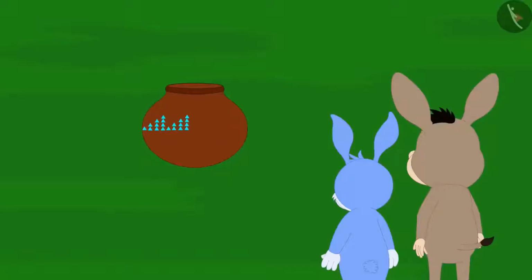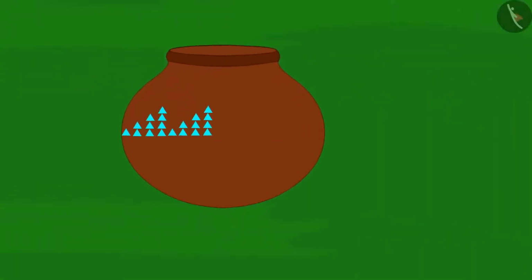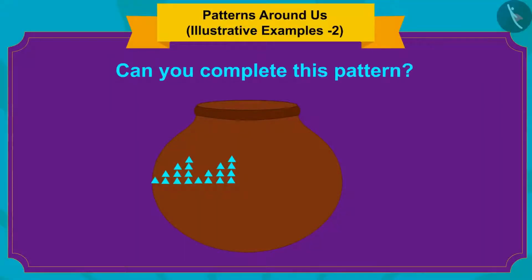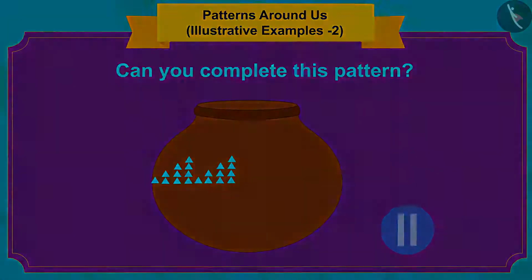This time, they saw an earthen pot on the way. Such a type of incomplete pattern is made on the pot. Children, can you complete this pattern? You can find the answer by stopping the video.